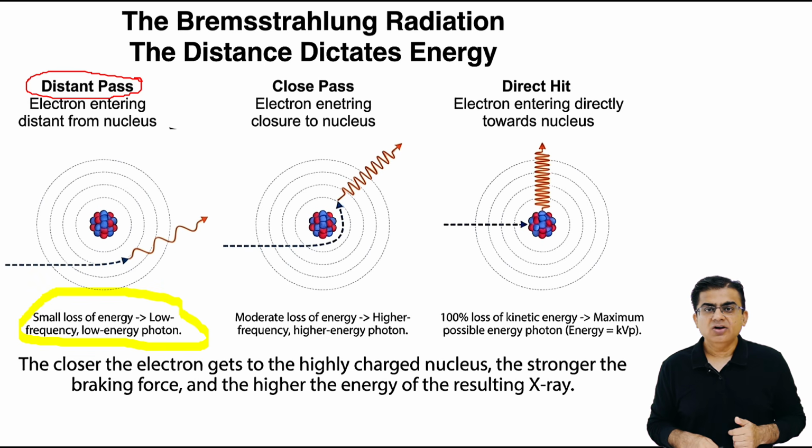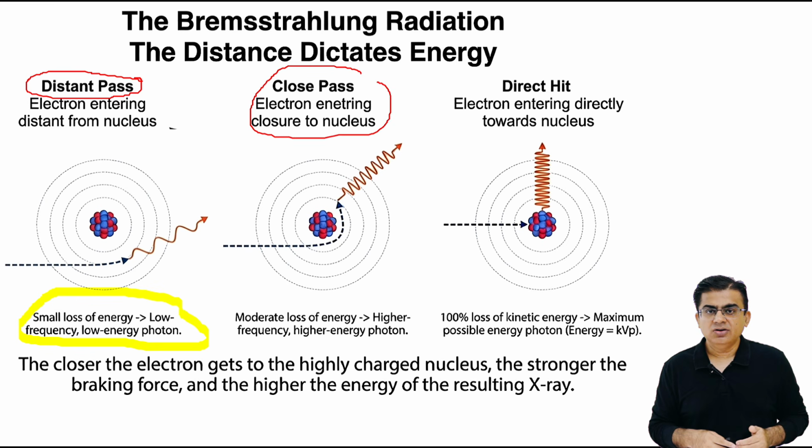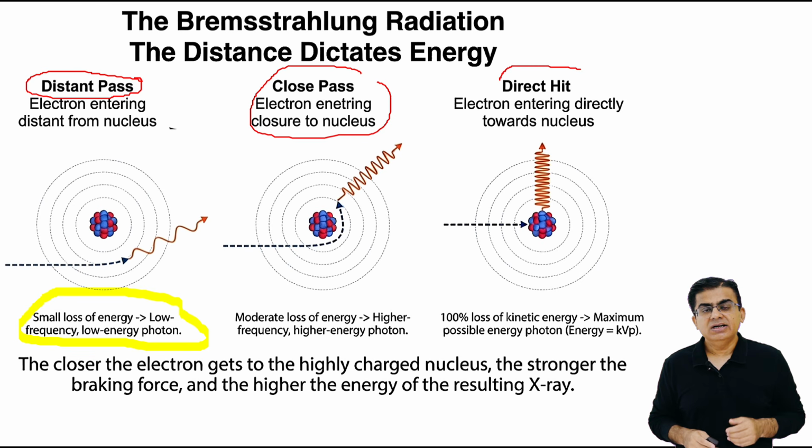Next scenario, we can call it a close pass. When the high-speed incoming electron travels closer to the nucleus, the invisible braking force becomes much stronger. This moderate loss of energy produces a high frequency and high energy photon. Finally, the third scenario, we can call it a direct hit.